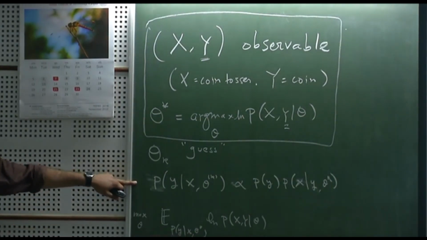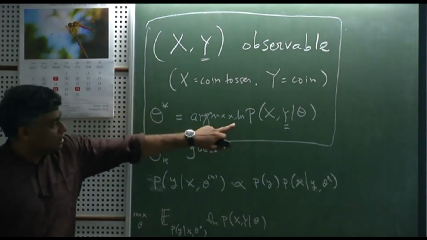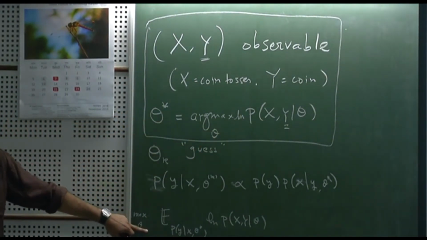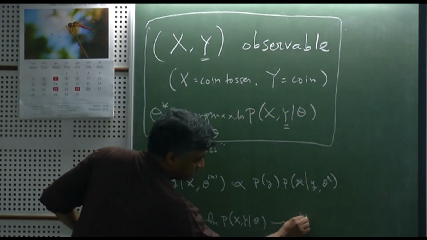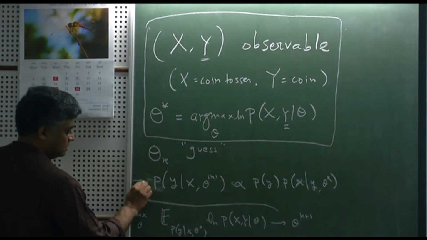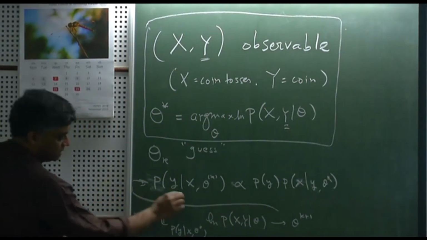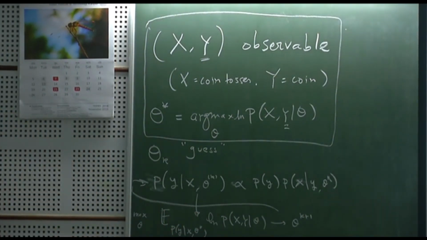What is the probability of that particular y? I take the expectation of this log likelihood function under that p, and optimize this to get theta k plus 1. Go back here. This would update this conditional distribution again. Come back here and keep going until you converge.